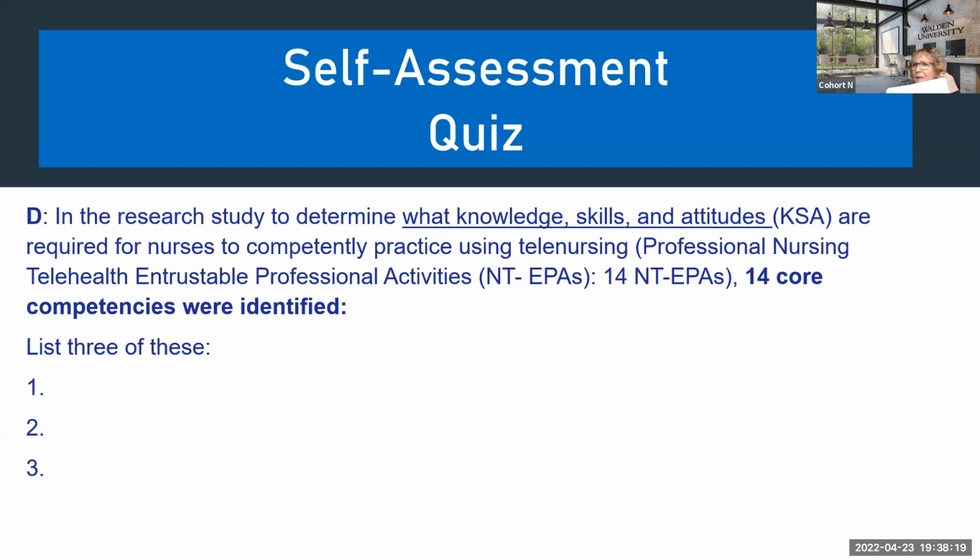I believe that was slide 15: helping nurses, helping patients, time saving, care planning, emergency, yes, cost effective, enhancing communication with patients, care planning, also the technology skills such as the ability to transfer data and assess data.